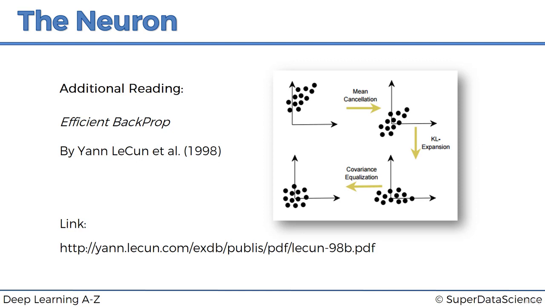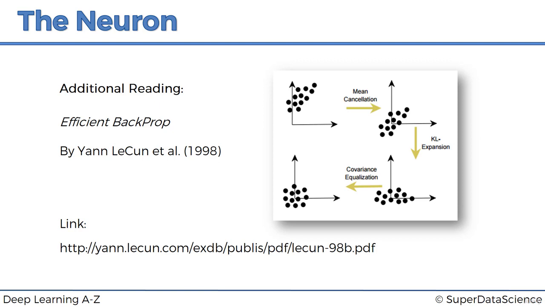You'll see that this is definitely a person who knows what he's talking about. He's a close friend of Geoffrey Hinton, who we've already mentioned. In this paper, you will learn more about standardization and normalization, but you can also pick up lots of other tips and tricks. It's a good source of additional reading as you go through this course, so check it out if you're interested.